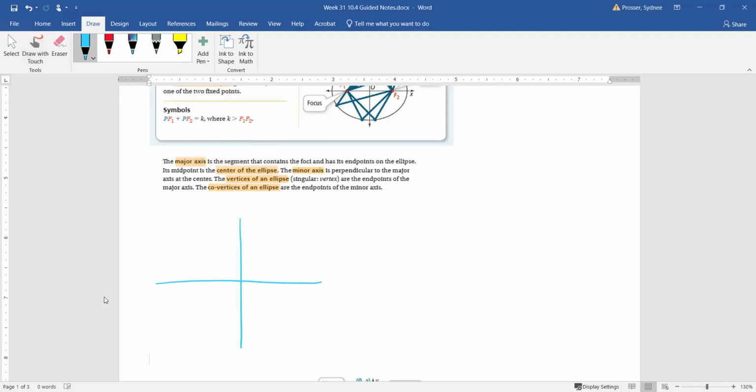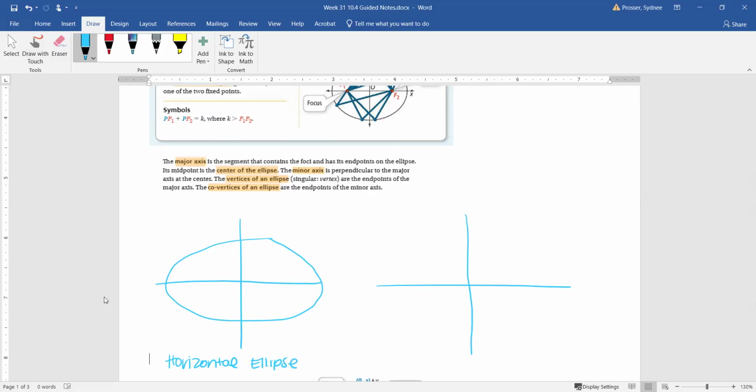And what you're going to notice is based on how the circle gets stretched, we can either have a horizontal ellipse or a vertical ellipse.